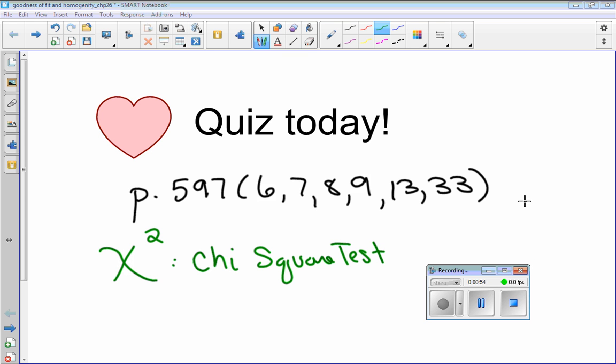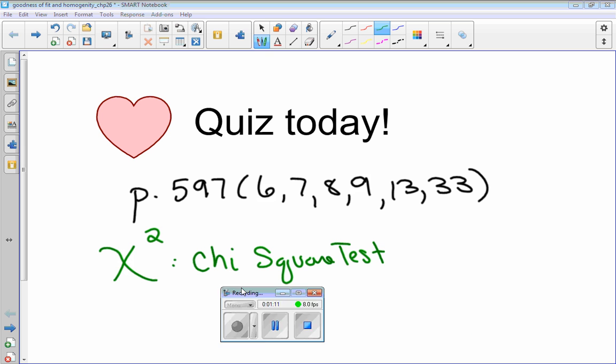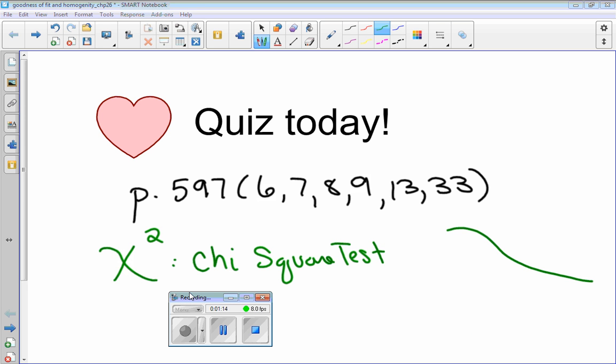The thing that was interesting about normal and T is they were both, in terms of the shape of the distributions, unimodal, symmetric, mound shaped. They had that nice bell-shaped curve. Chi-squared is very different. The shape of the distribution looks like this. It is definitely one-tailed. It is skewed.